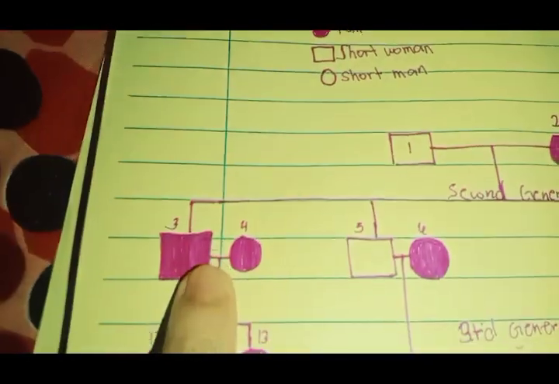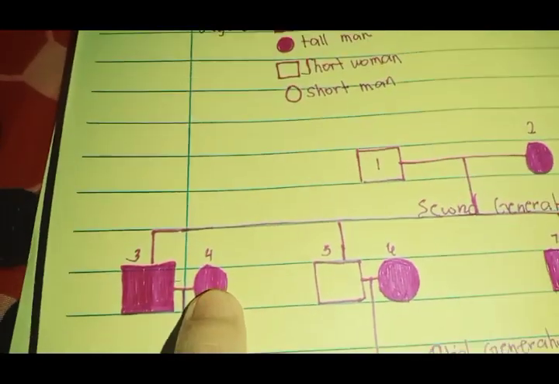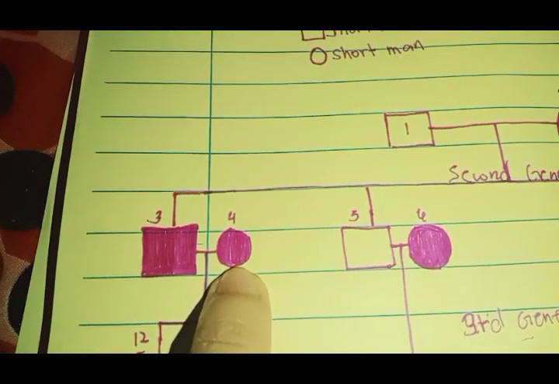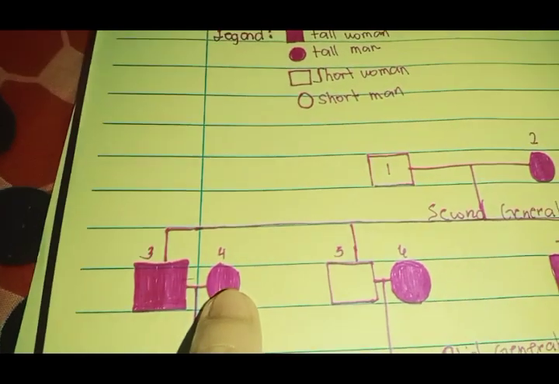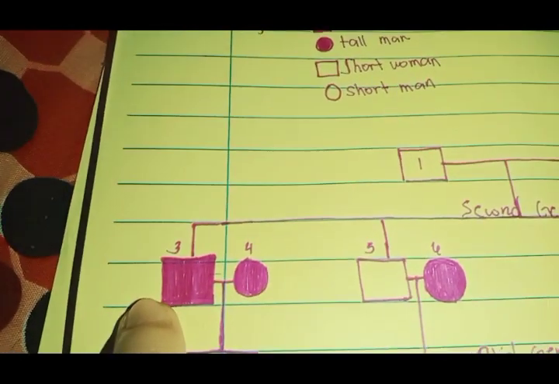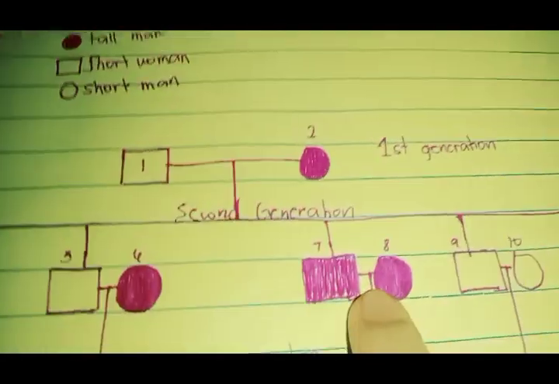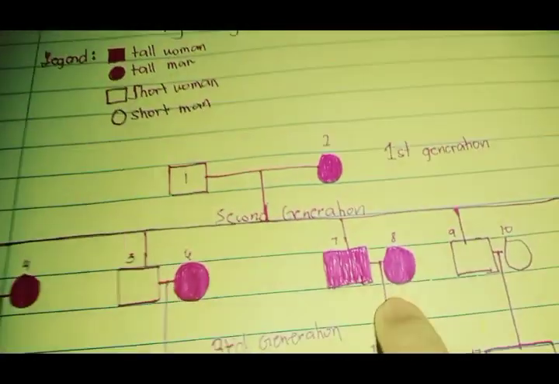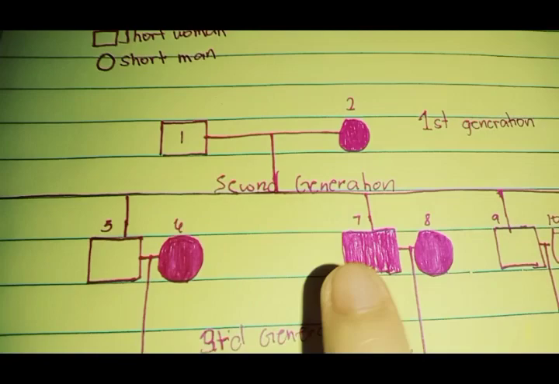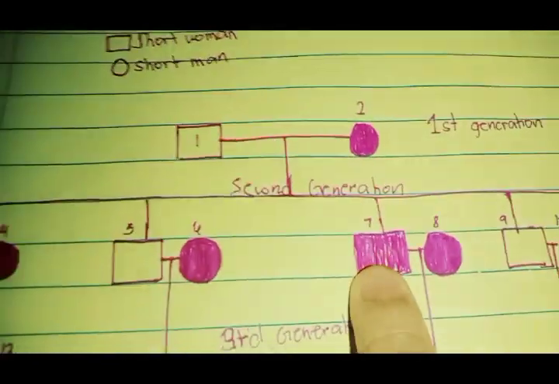So we will start in here with my Popoy. My Popoy is the 4th, and he is quite tall, and he married a tall woman. In here, you can see my Papanas, who is tall, and he married a short woman. In here, you can see my Papa Nico, who is tall again, and he married a tall woman.